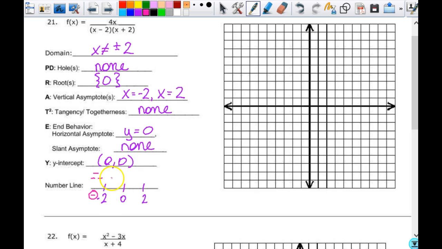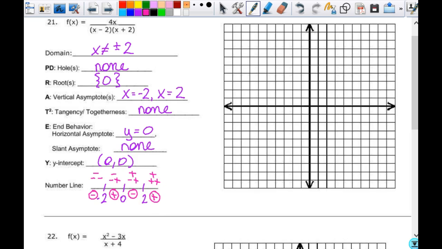Plug in a negative 1, I'm going to get negative, negative, positive, which is positive. Substitute in a positive 1, I'm going to get positive, negative, positive, which is negative overall. Substitute in 3, I'm going to get positive, positive, positive, which is overall positive.